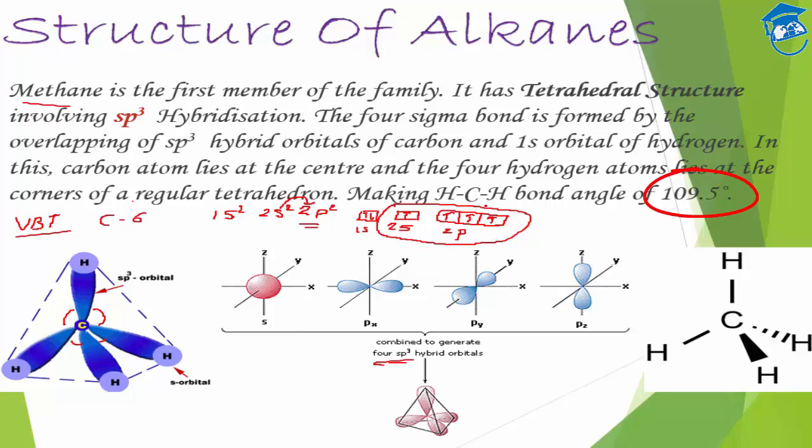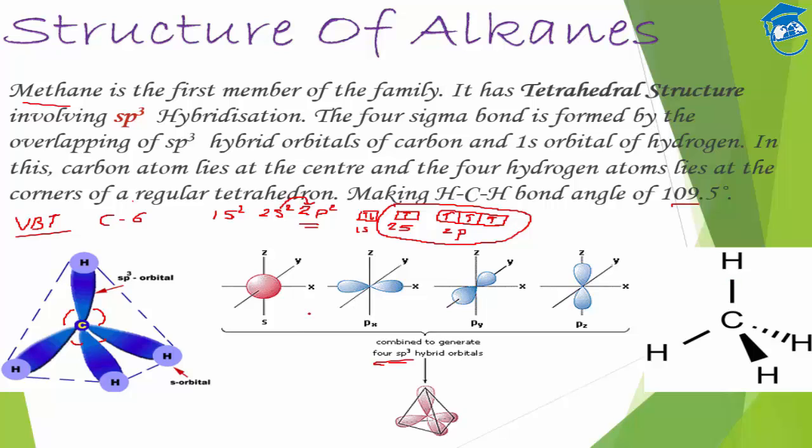For any regular tetrahedron, you will generally find this angle. Now, how do we represent it on paper, since it is a 3D structure? It's not possible to represent the 3D structure as it is on paper, so we make a convention so that it can be represented as a 2D structure.